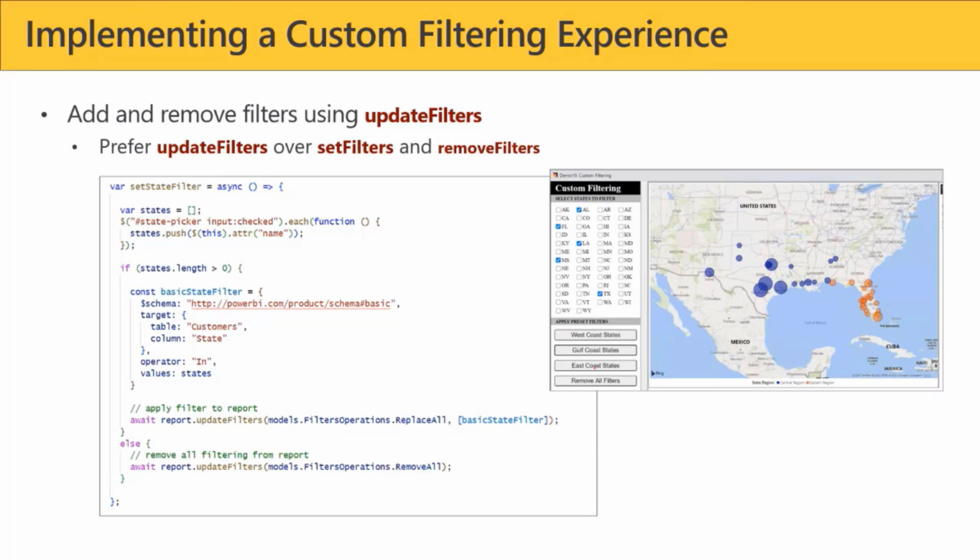The problem with set filter is that you could say add filter B but remove filter A. Now with update filter, the first thing is the filter operation. Do I want the filters I'm passing you to be added, or to completely replace, or do we just want to remove all the filters?